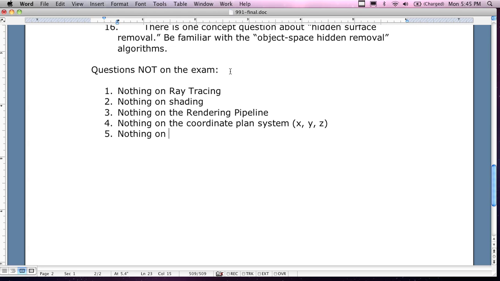Modeling images in a world. Modeling images or shape objects. Oh, nothing on texture mapping. Modeling objects in a world in relationship to other objects.